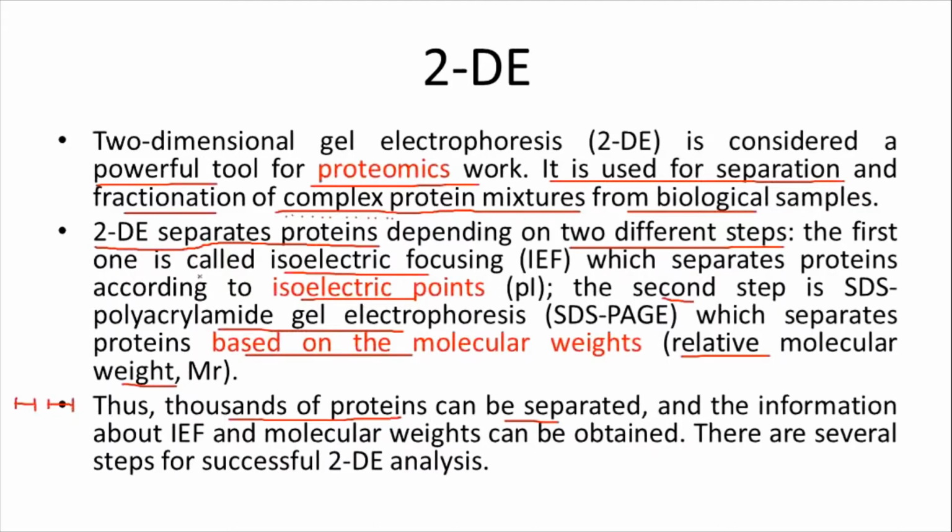So this is the only technique available to separate thousands of proteins at a time in a single two-dimensional electrophoresis. So that's why we can identify the proteomics profile of the given organism. So this information will give us the isoelectric point and molecular weight. Yes. So successful 2D analysis will give the molecular weight and isoelectric point of the proteins.